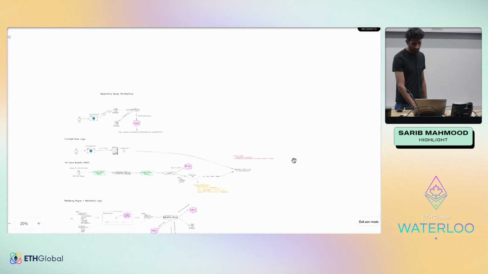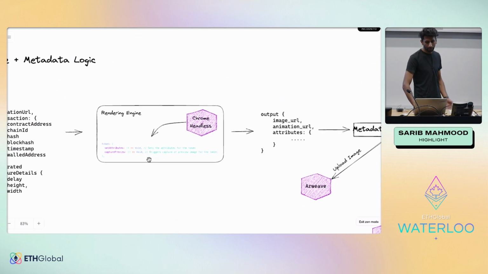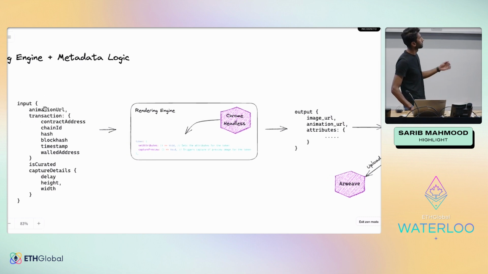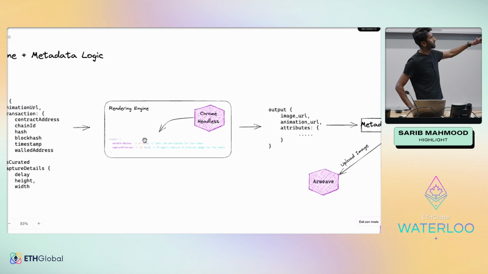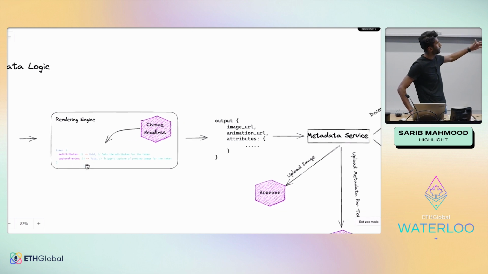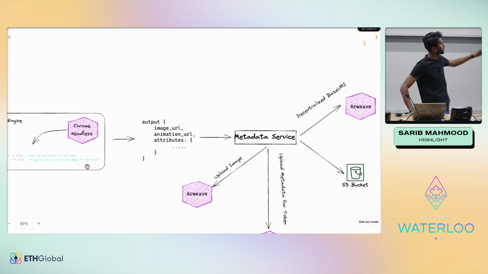And just to round it off, we have a rendering engine and metadata logic. When the transaction happens, we capture the transaction values. It goes to a rendering engine, which runs Chrome headless, and it relies on the attributes and capture preview. It outputs an image URL, animation URL, and attributes.